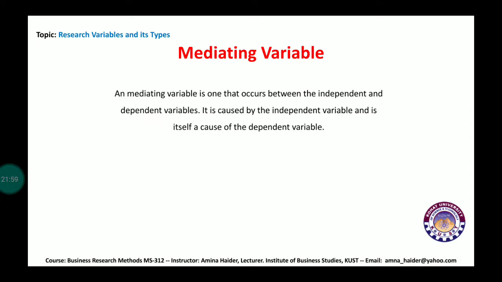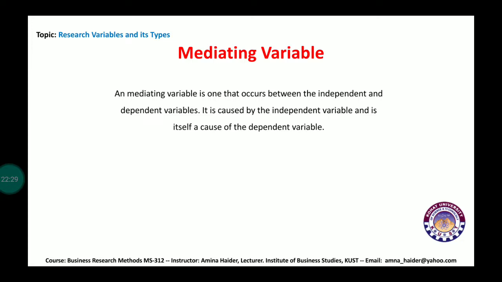The independent variable is not directly influencing the dependent variable, but the independent variable is indirectly influencing the dependent variable through a mediating variable. So the objective of a mediating variable is to explain the relationship between them. In a moderating variable, we said that it modifies the relationship between independent and dependent variable.